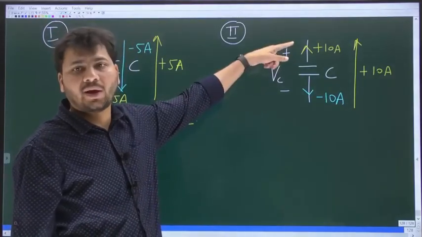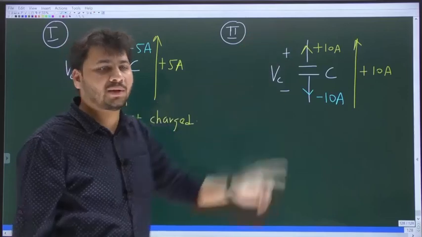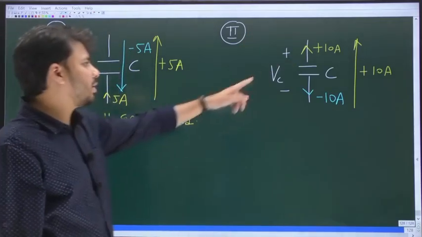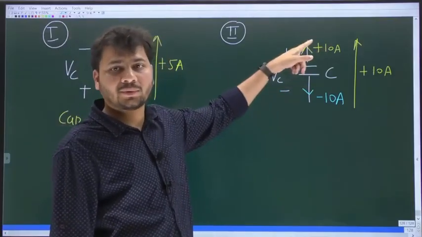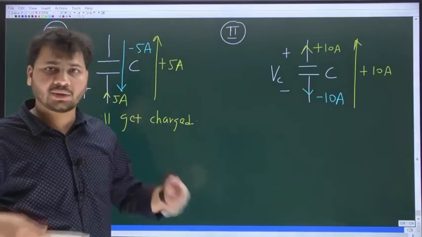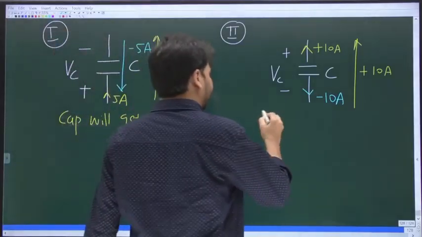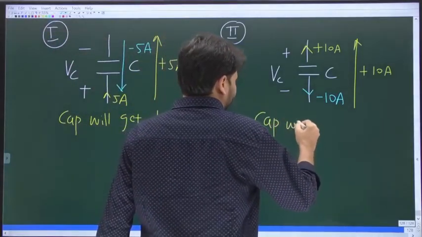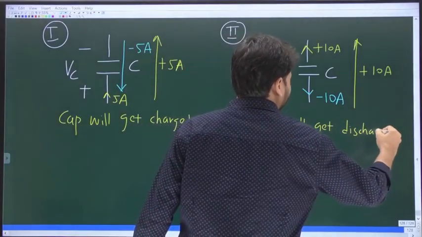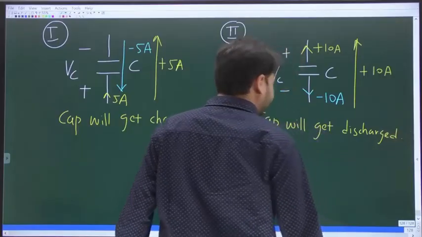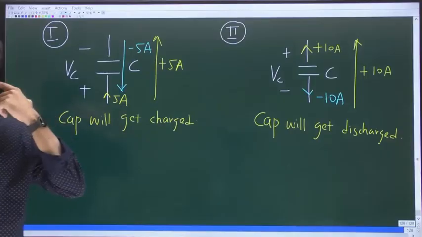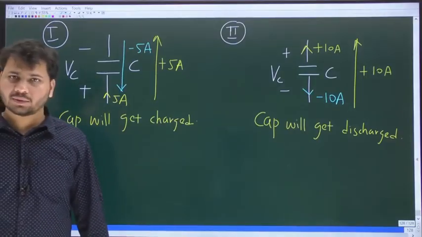In the first case, 5 amps is flowing into plus, but in the second case, 10 amps, which is positive, is flowing out of plus. Positive current flowing out of plus, the cap will get discharged. I hope everything is clear up to this point.